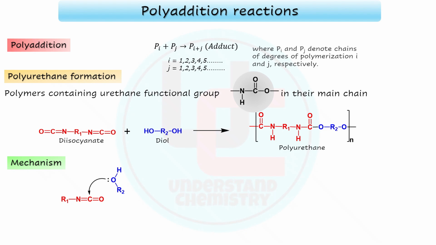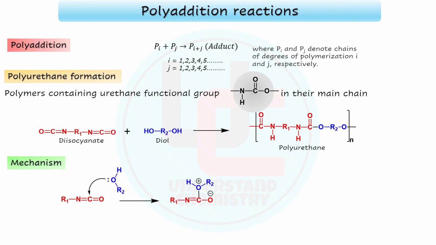The oxygen in the alcohol has a lone pair of electrons, so it acts as a nucleophile and attacks the electrophilic carbon in the isocyanate group, which is electron deficient because both the nitrogen and oxygen pull electron density away by inductive effects. Because of this attack, a tetrahedral intermediate is formed.